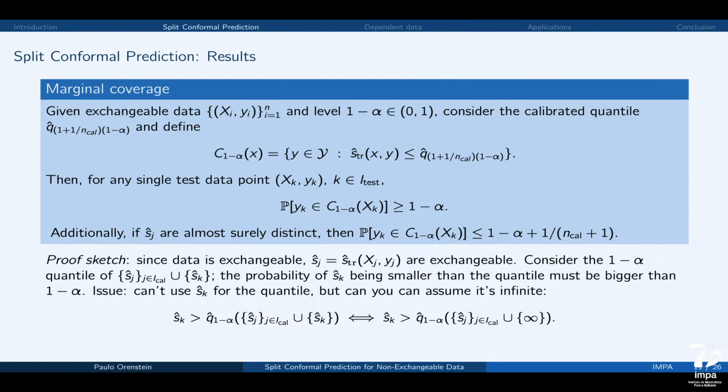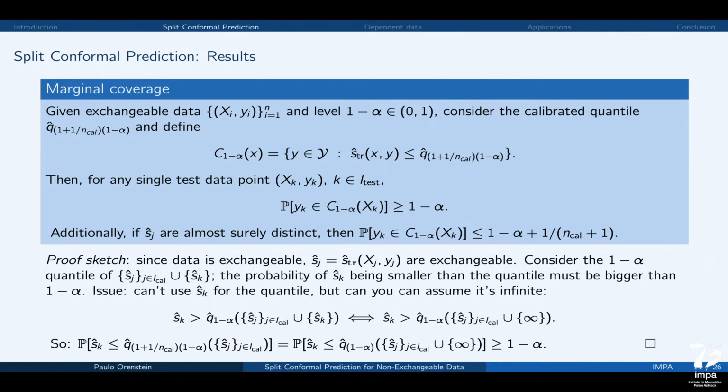Okay, well, why is this really good? Because now I don't really need my S hat K anymore. In fact, if I look at the probability that S hat K is less than this slightly increased quantile on just the S hat J's, that is, in my calibration data, this extra fudge comes from the fact that I can just rewrite this adding an infinity here. So this is a point that's necessarily above the quantile, right? It's infinity.